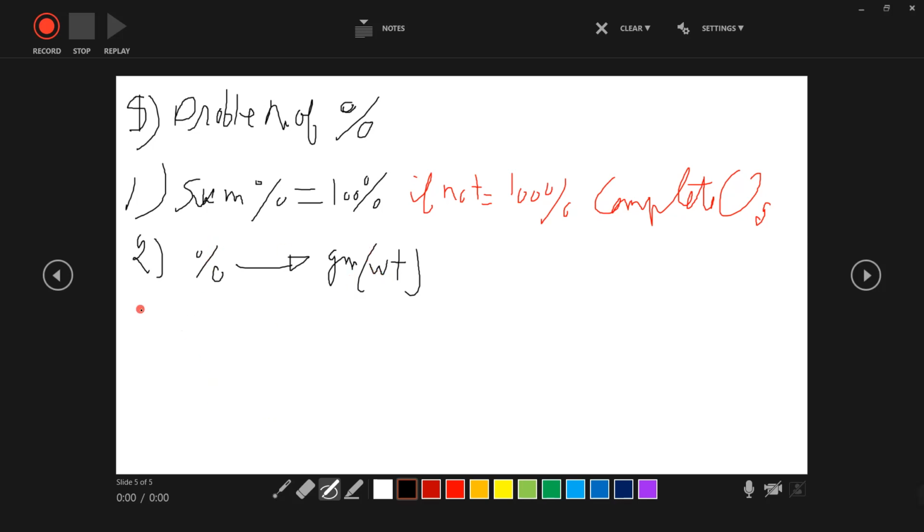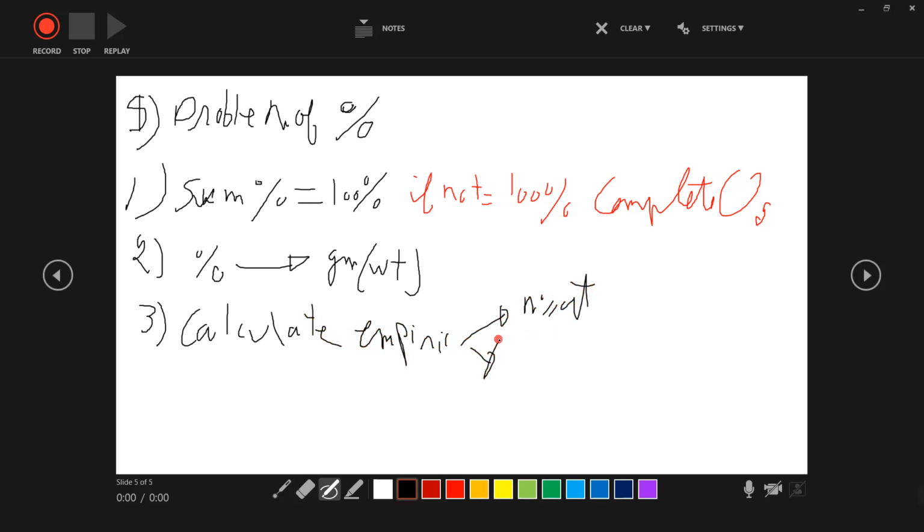Okay, third step is to calculate the empirical formula. Remember I told you in any problem, when you see calculate empirical formula, I told you we should do two steps. First step, calculate the number of atoms, weight of the atom divided by its atomic weight. Second step, writing formula and dividing this formula on the possible smallest number.